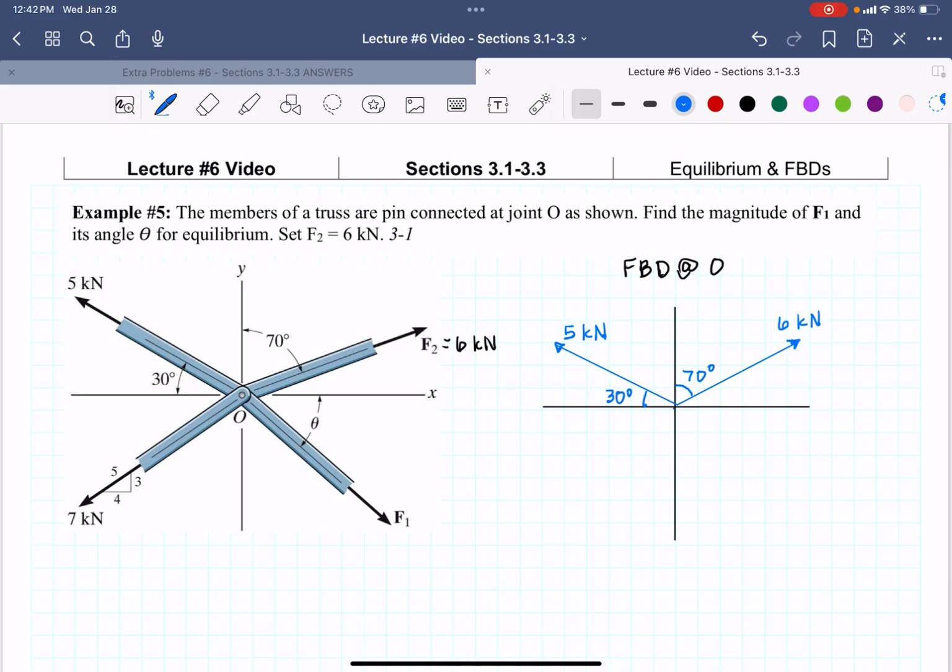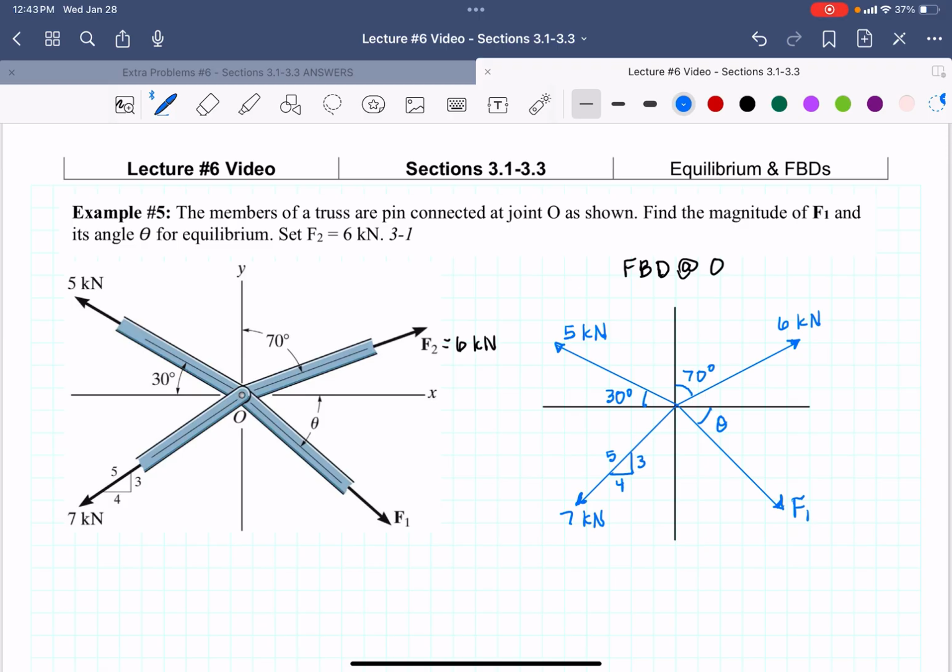And then I've got one going down for 7 kilonewtons, and they give me a little similar triangle. And it is 4, 3, and 5. And then last, I have what I'm trying to find, which I don't know what it is, but this is what I'm trying to find, is my F1 and my theta.